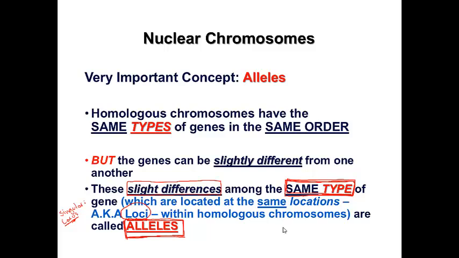Or think about gene number 2 in the same terms. It has alleles gene number 2A, gene number 2B, or gene number 2C. Gene numbers 2A, 2B, and 2C are all the same type of gene because they're all number 2 genes, but they all have different varieties of the A, B, and C type. Right?